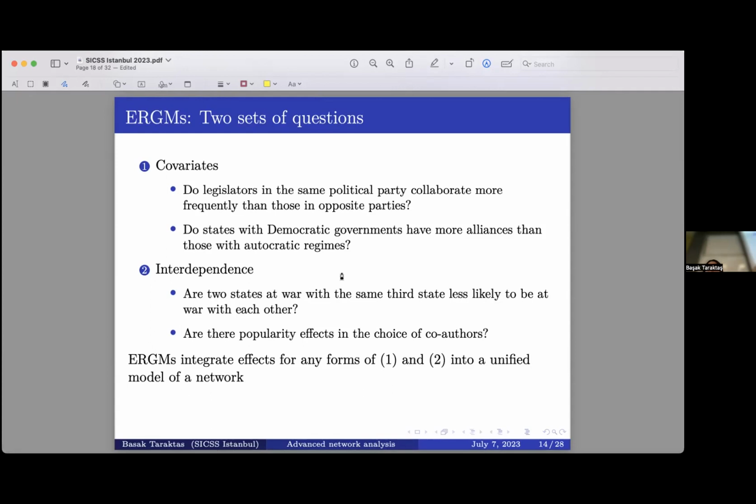Tie formation represents going to war with one another. Does that make sense? And nodes are states. Or are there popularity effects in the choice of co-authors? Do I co-author with anyone, or do I try to co-author with people like Erdős, which will also bump up my popularity? So I'm going to, for instance, test the effect of degrees, the number of connections that my co-authors have.